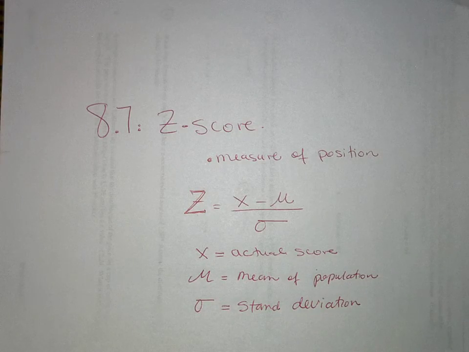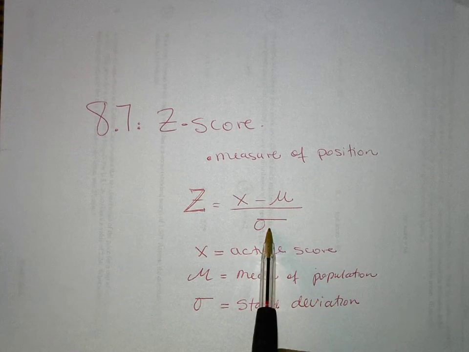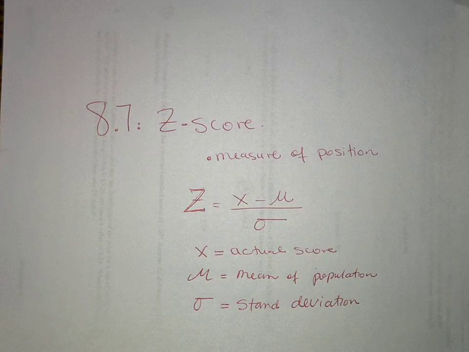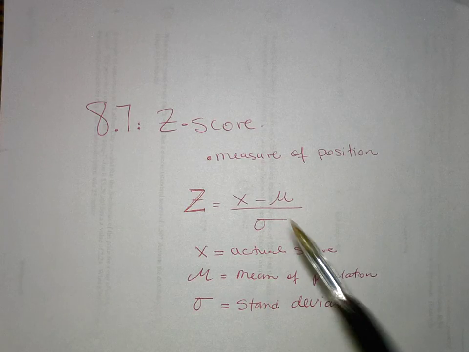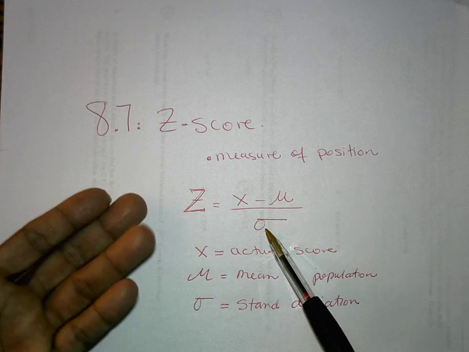Whenever I have four values, z, x, mu, and sigma, whenever you give me three of them, I can figure out the fourth one. It's not always going to be that they give you the x, the mu, and the sigma and ask for the z value.